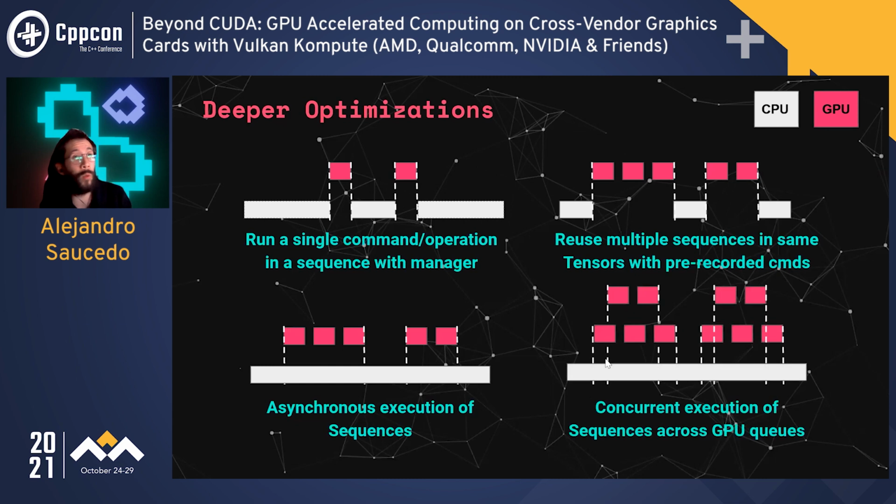And then the final one, which is the more interesting one, and maybe a little bit unintuitive at first, is that you can actually run multiple workloads in parallel within the GPU. And you may be thinking, doesn't the GPU just run everything in parallel?